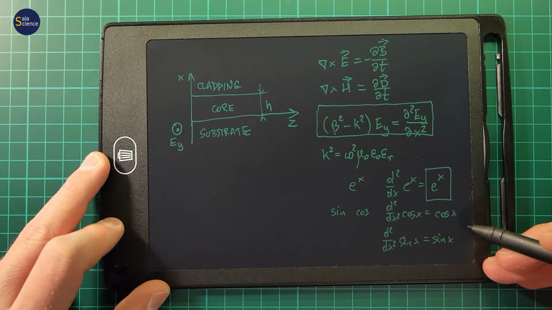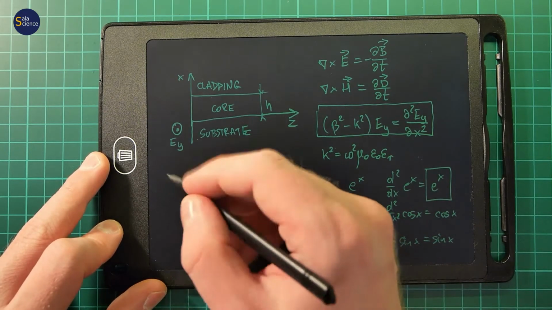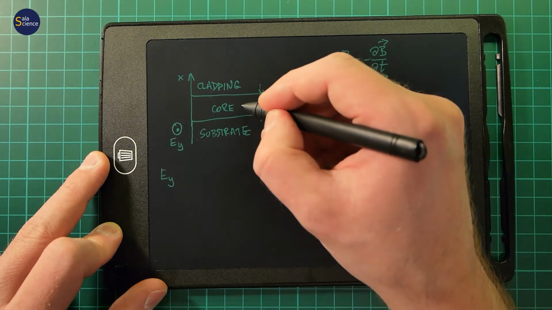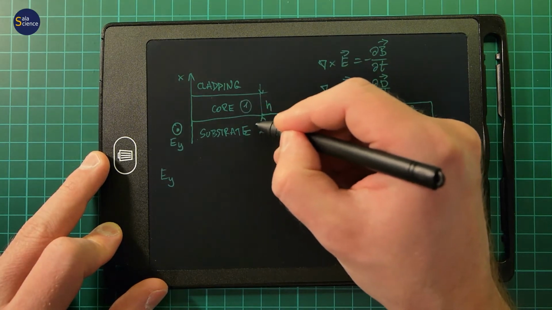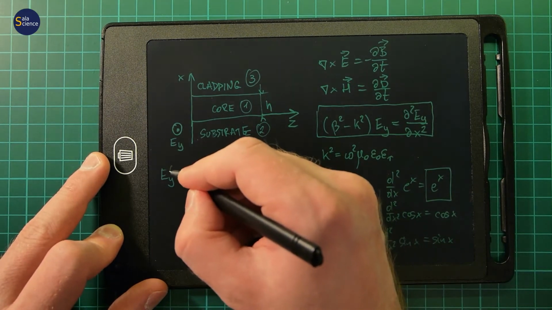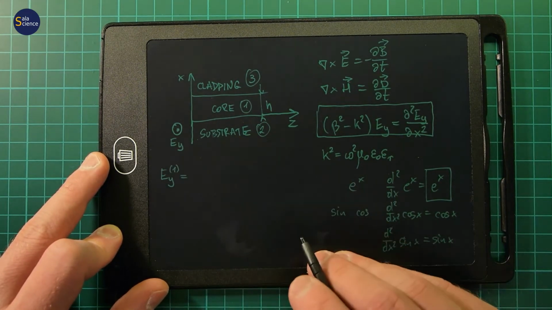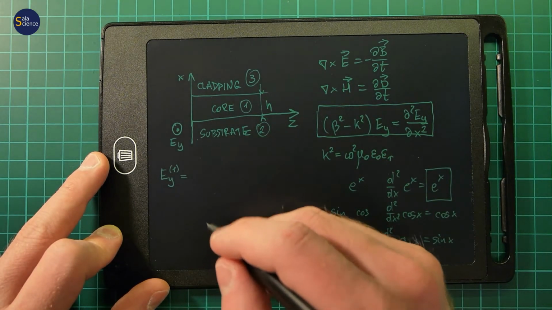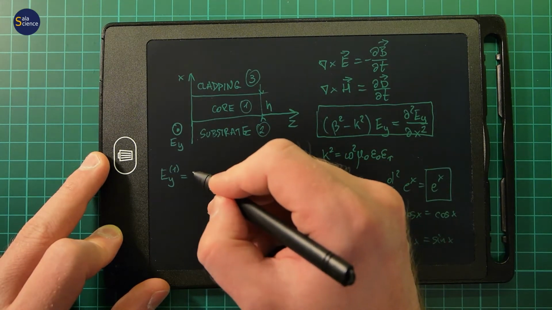So let's make a guess that u_y in a core, this is the first region, substrate is the second, cladding is the third region. In the first region it is some linear combination.